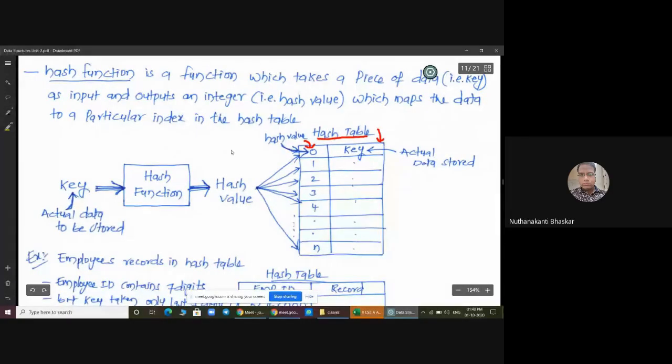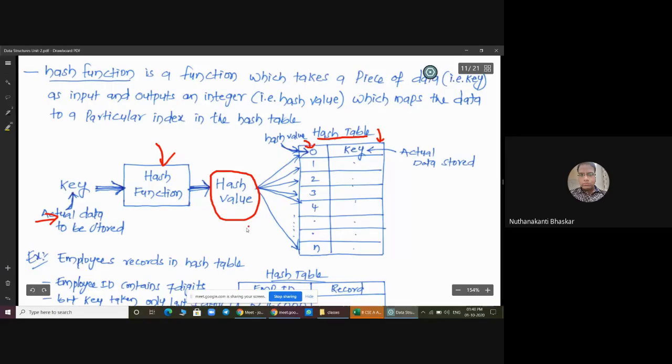When we store this actual data in the hash table data structure, you have to send that particular input data, maybe the actual data or key, to the hash function. What is the job of the hash function? The hash function converts your actual data to some hash value, some code it generates. Based on this code, the hash function stores this actual data in the hash table.